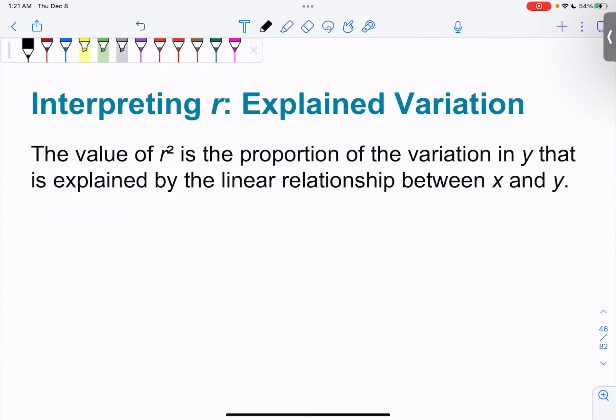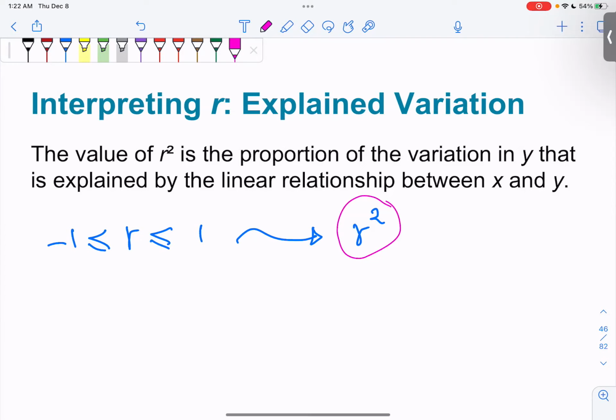So here, explained variation. Now if we have the value of R, which is between -1 and 1, and we square this value, we have R squared. R squared is the value that tells how much explained variation is in our relationship. We will talk about this more in regression.